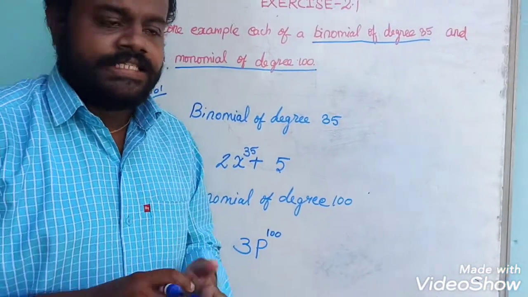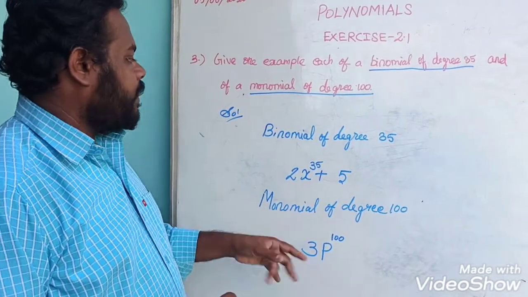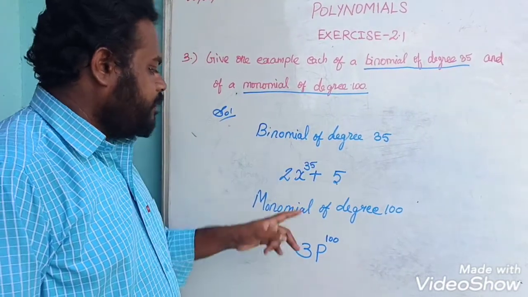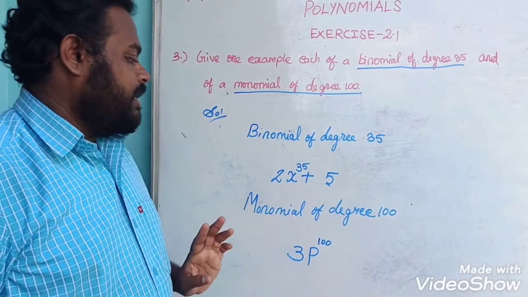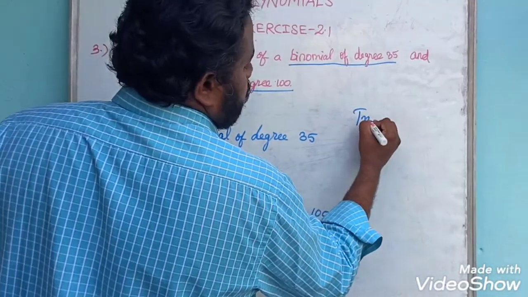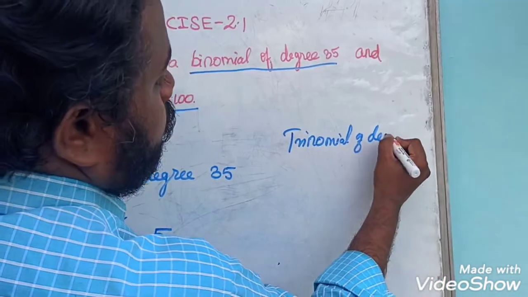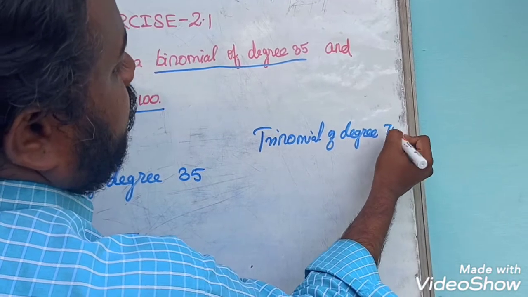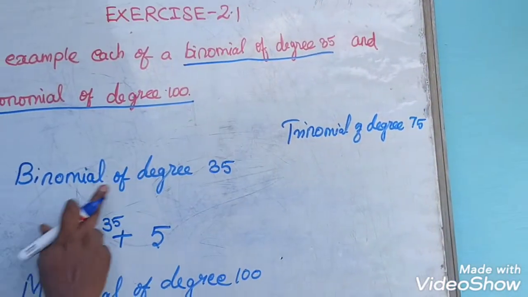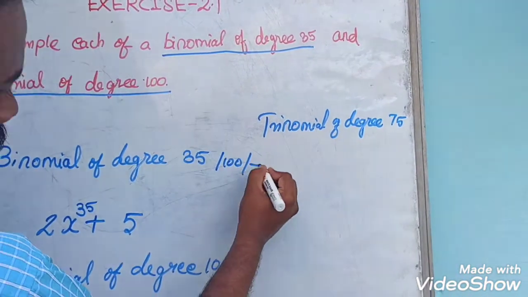So students, by yourself you have to write examples for a binomial of degree 35 and a monomial of degree 100, and you also have to try a trinomial of degree 75. So binomial of degree 35 and also 100 and also 75.